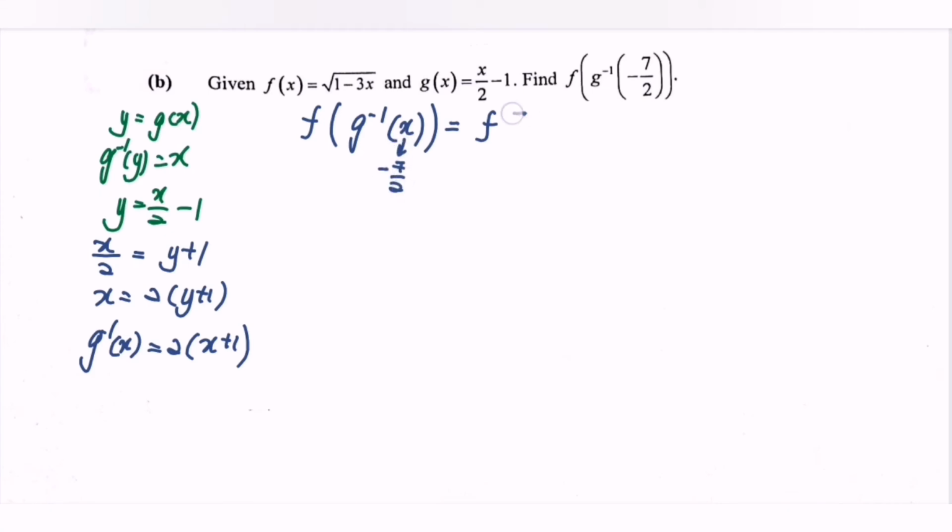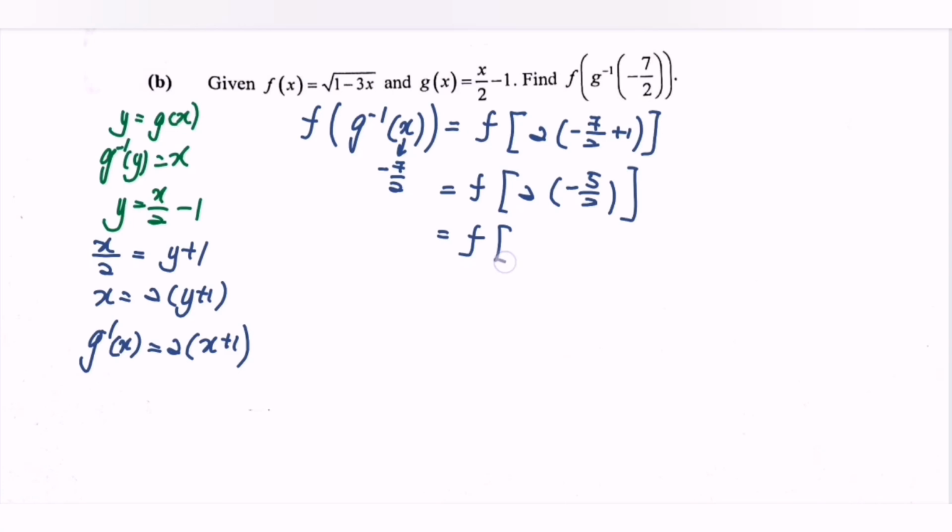So bracket, g inverse, we have 2 multiplied with negative 7 over 2 plus 1. So kindly simplify the situation. So for this part, we will have f of 2 multiplied with negative 7 over 2, and we will have negative 5 after we simplify the situation.